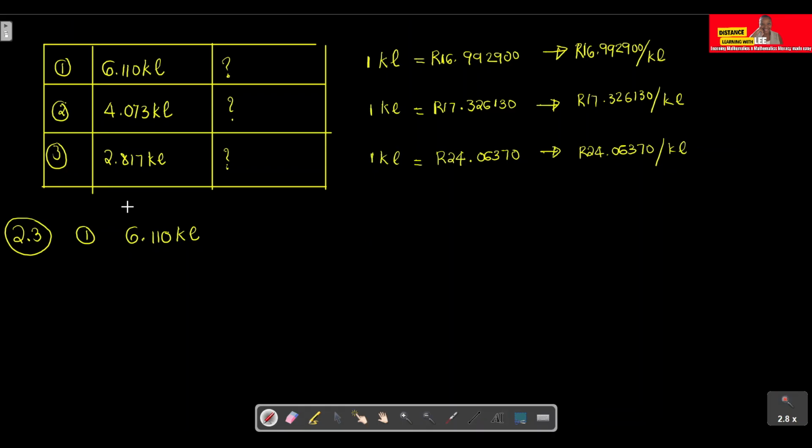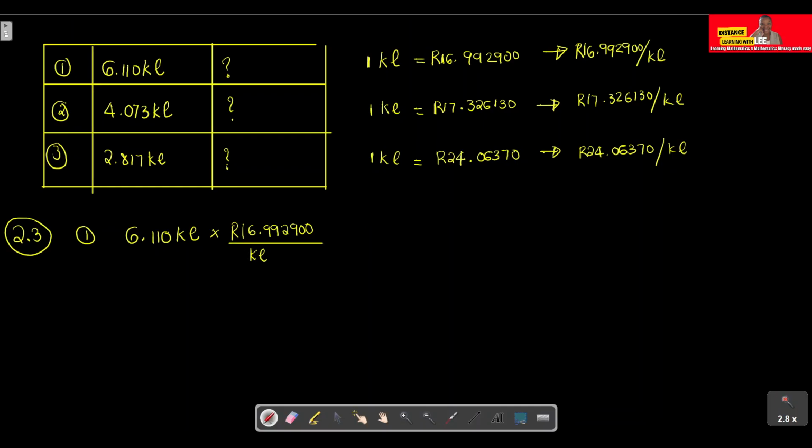So clearly, for us to be able to calculate the total tariff that he pays in these blocks, we need to multiply the total kiloliters of water he used by the tariff. So we're going to take that 6.110 kiloliters and multiply it by 16.992900 rand per kiloliter.